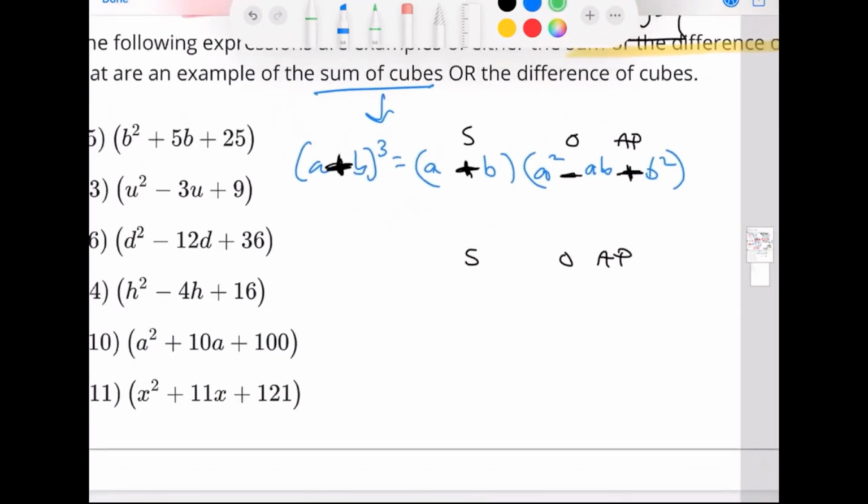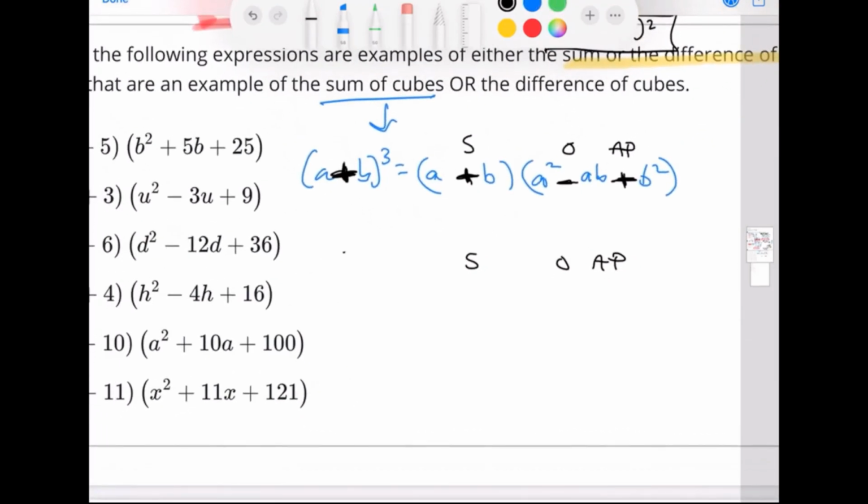Let's do that for this one over here. Now we're going to have a minus sign, so a minus b cubed equals, what's the same? a, same is minus. Opposite of minus is a plus, and then plus. Okay, so it's just a formula you have to memorize.